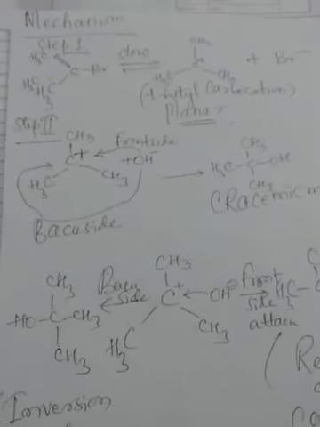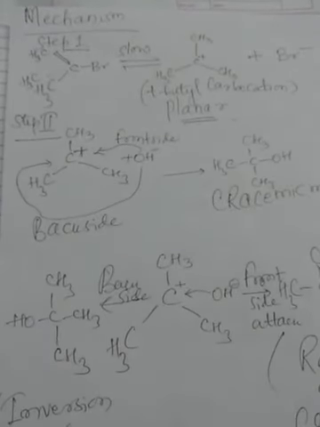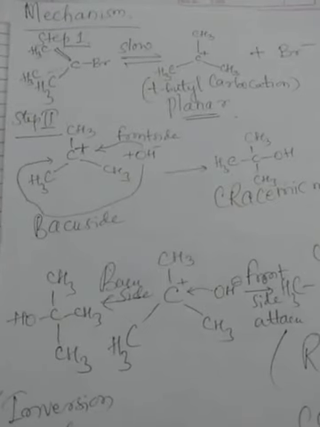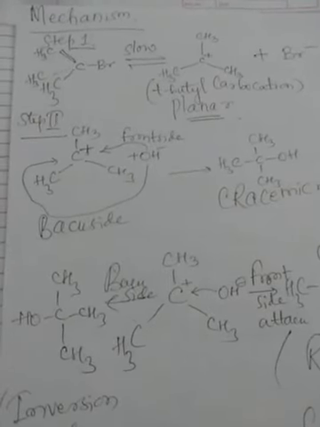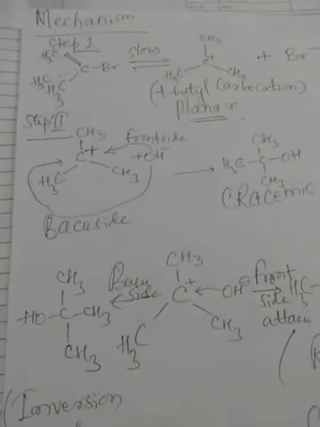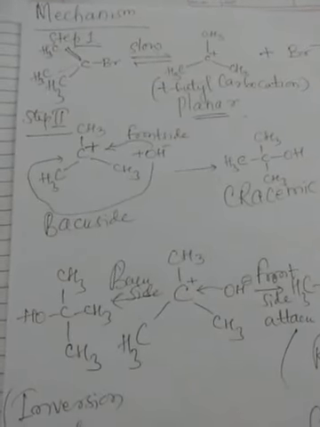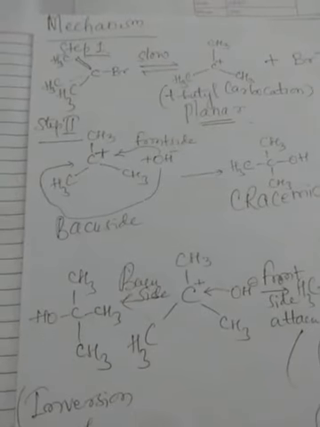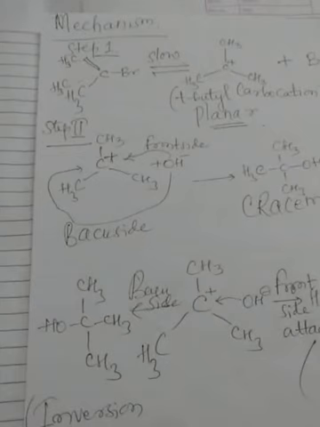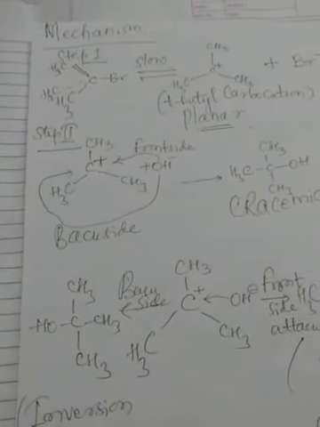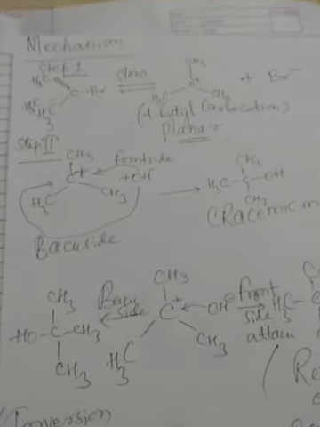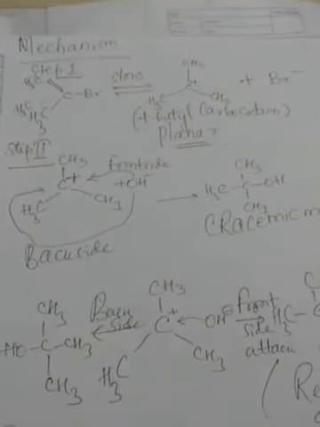The other possibility is that OH- should go from the back side of the leaving group Br-, but there are 3 methyl groups, CH3 groups, which form the normal tetrahedral bond angle of 109 degrees 28 minutes and do not allow the entry of the nucleophile OH-. This phenomenon is called steric hindrance. So therefore the mechanism involves 2 steps.